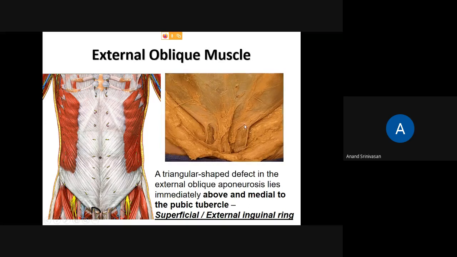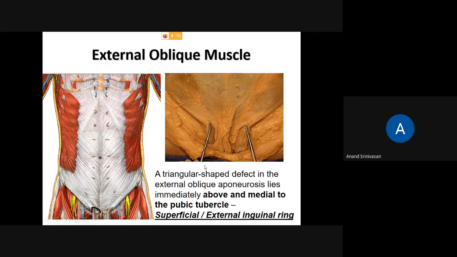Okay, why is this ring present? Why is this ring or defect present in the external oblique aponeurosis? Because there are certain structures which go out of this superficial inguinal ring, especially in males. You know, the testis in males is located outside the abdomen, and the testis forms the sperm.